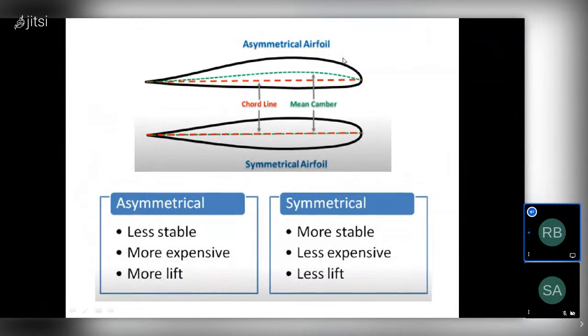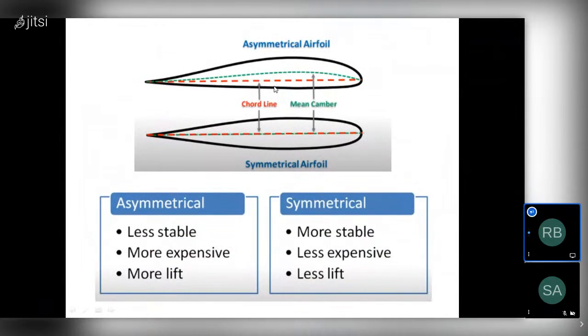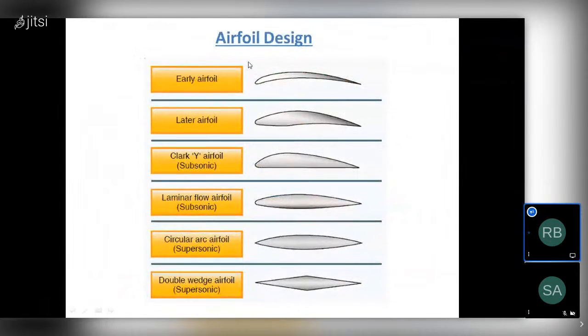This asymmetrical aerofoil is less stable and more expensive because the design is not as simple as the symmetrical one. And the symmetrical one is less expensive and more stable. Like this we have different aerofoils, and based on these differences, we can design different types of aerofoils.